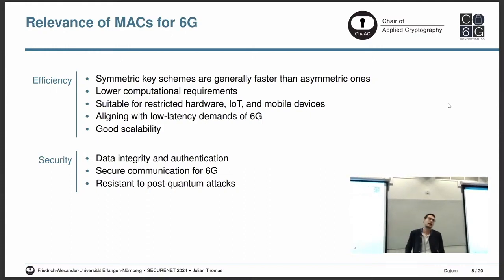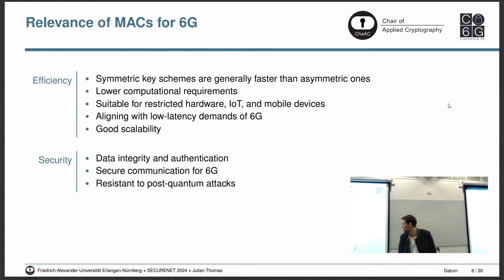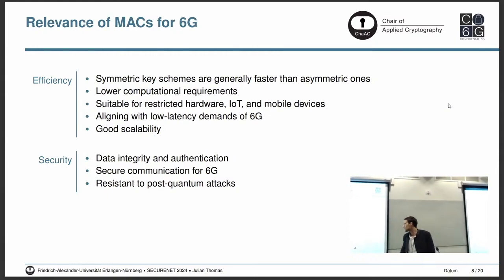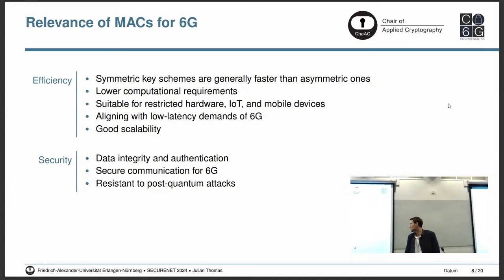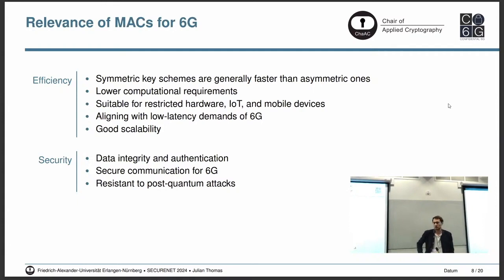We also have good scalability because we can increase the network size without much overhead from our primitive. On the security side, we have data integrity and authentication, and this can enforce secure communication in our 6G networks.